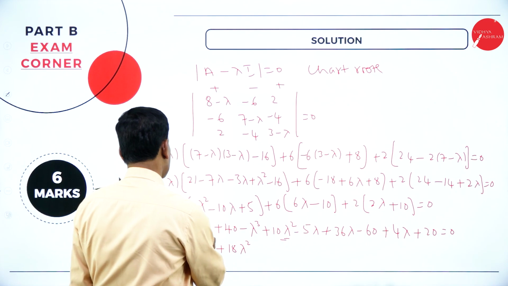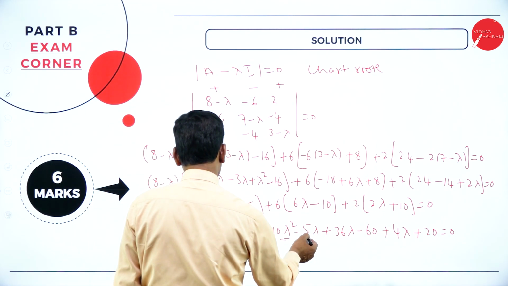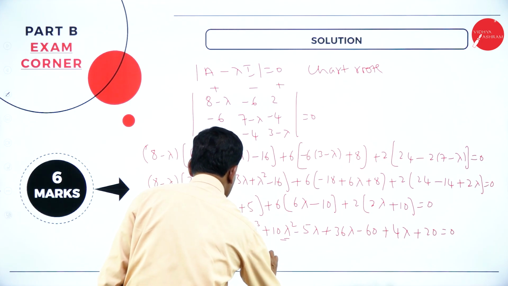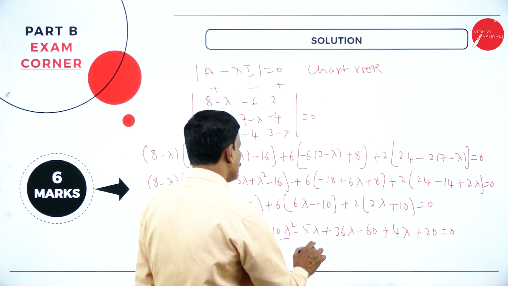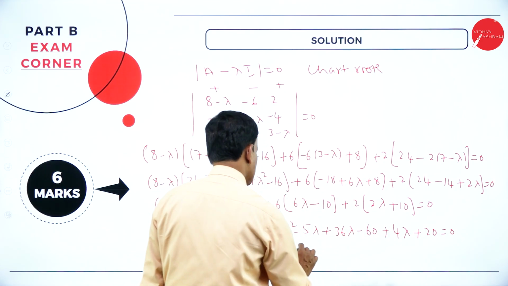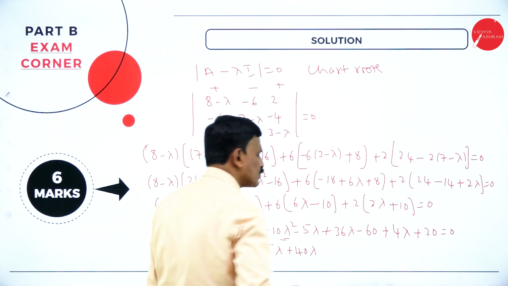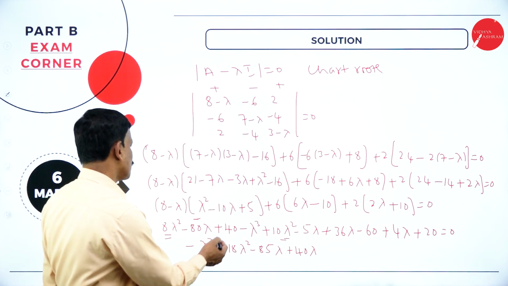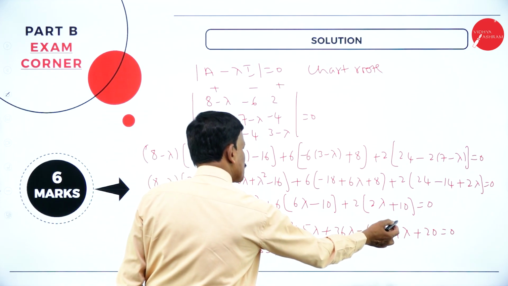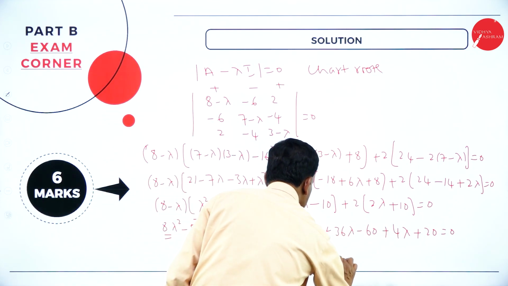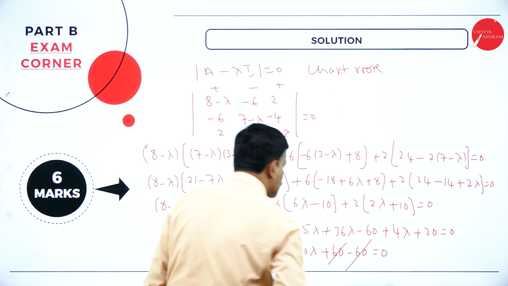No. Minus 8 lambda, then minus 5 lambda, minus 8 minus 5 is minus 85 times lambda, and positive terms 36 plus 4 is 40, plus 40 times lambda, then constant 40 plus 40 plus 40 plus 20, 60, 60 minus 60 is equal to 0, minus 60 plus 60 gets cancelled.